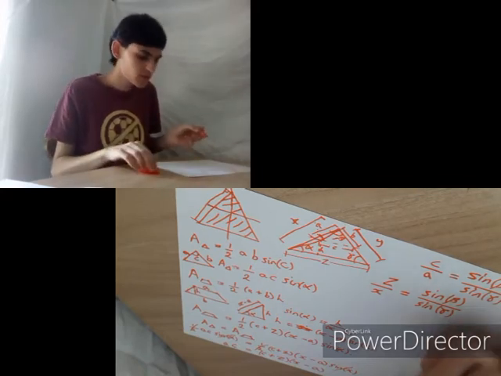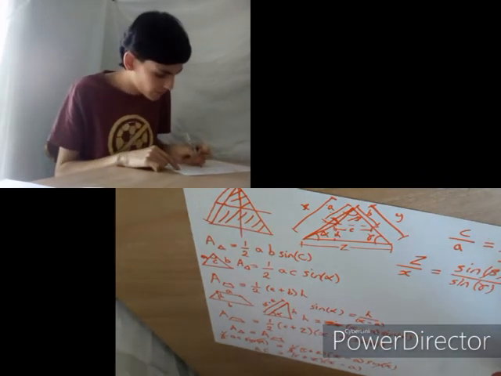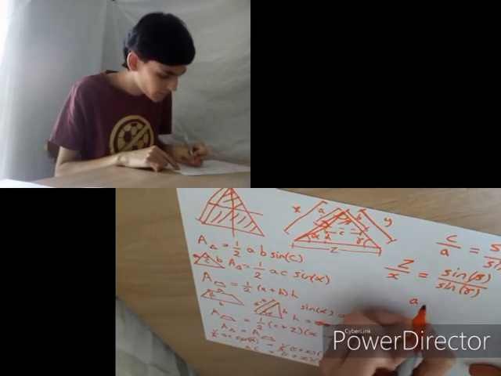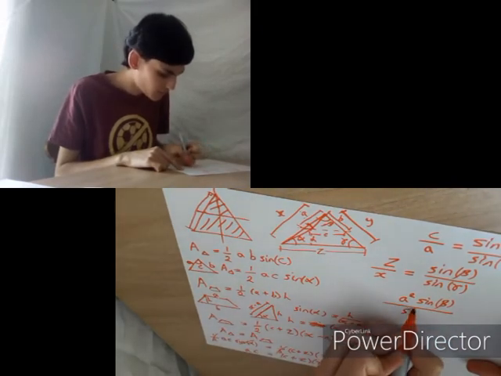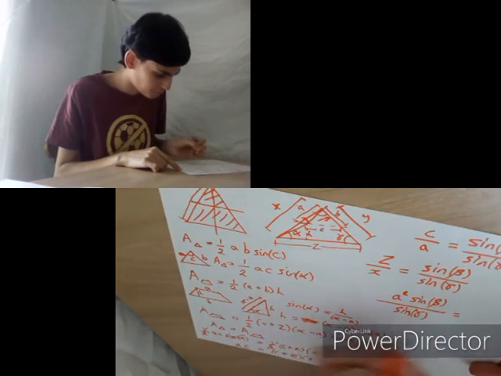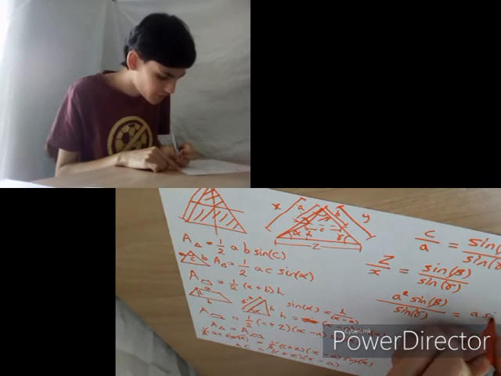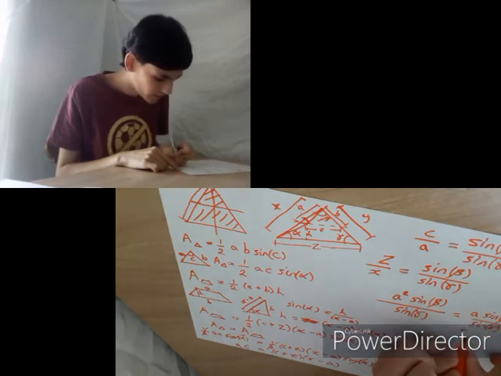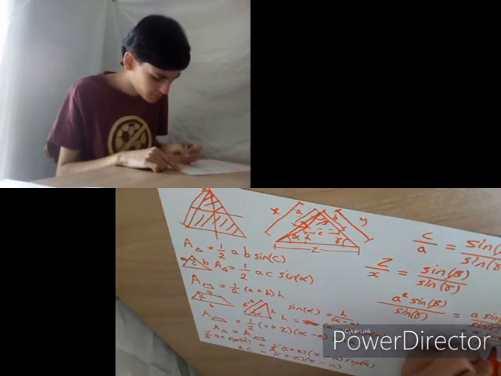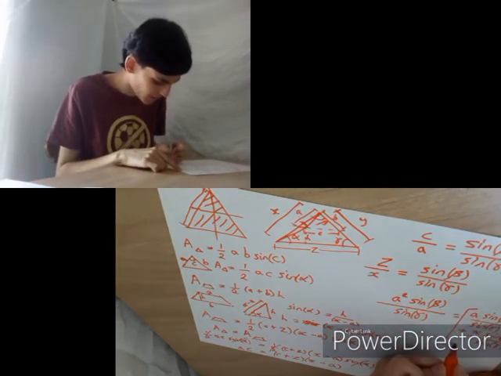So we can plug these in for C and Z, and we get that A squared sine beta over sine gamma equals A sine beta over sine gamma plus X sine beta over sine gamma, all of that in brackets, multiplied by X minus A.